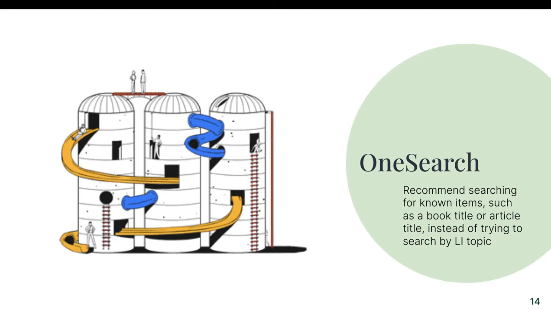So you don't need to remember which journal article comes from which database. Instead, OneSearch should be able to search across those different databases and point you to where that article lives. So I highly recommend searching OneSearch when you know the item that you're looking for, especially if it's a book title or an article title.